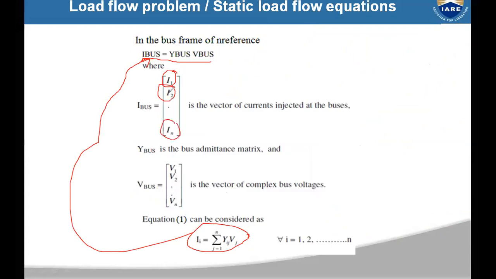If it is an n bus system, you will have I1, I2, up to In. So let us take the ith bus. What is the current at the ith bus? That current will be I is equal to the sum of j equal to 1 to n of Yij Vj. Okay, you have to remember this equation. This is the current injected at the ith bus.